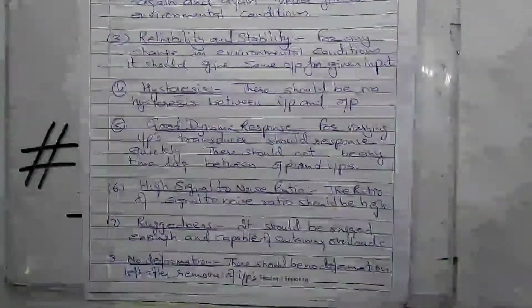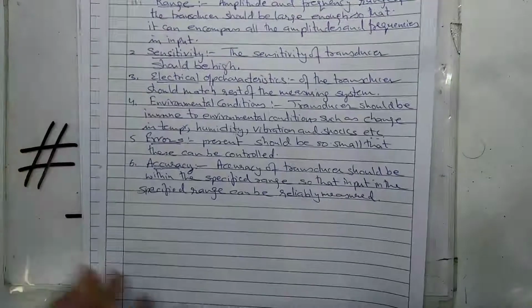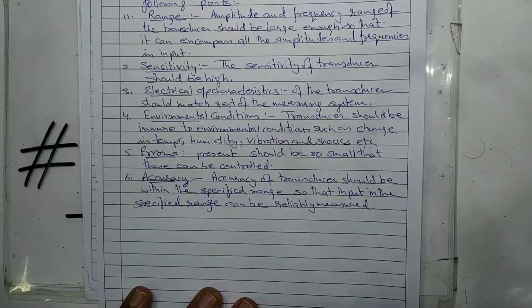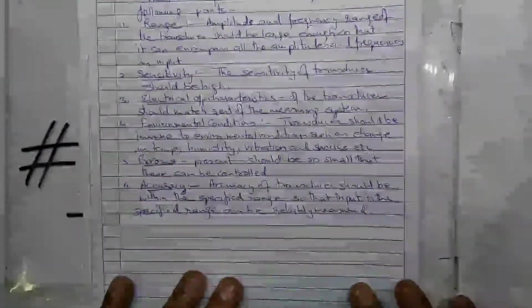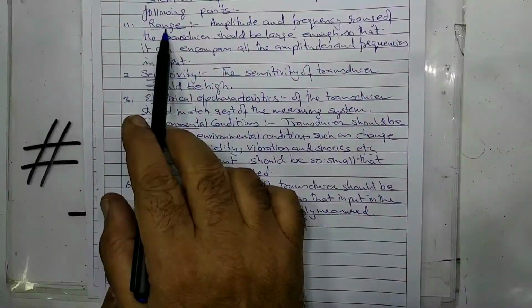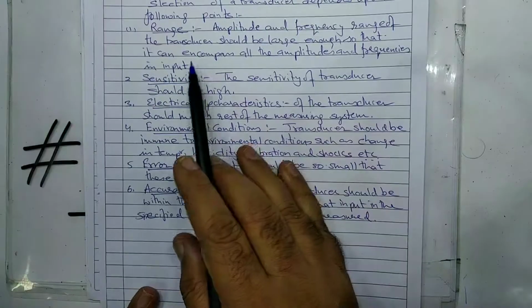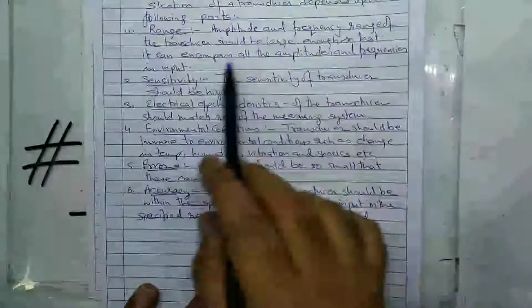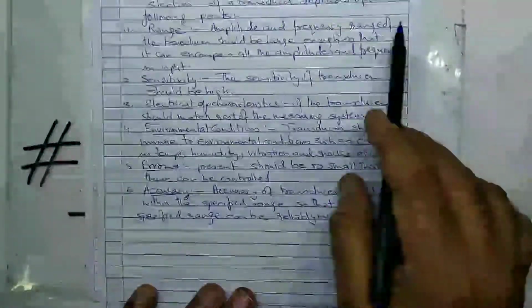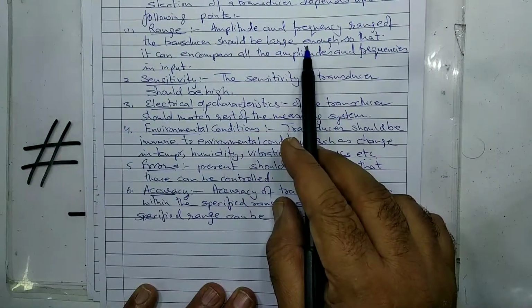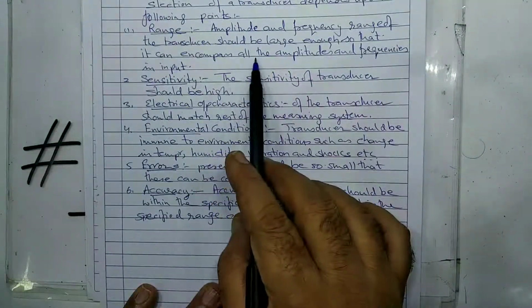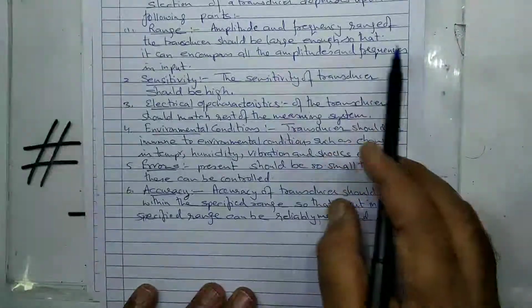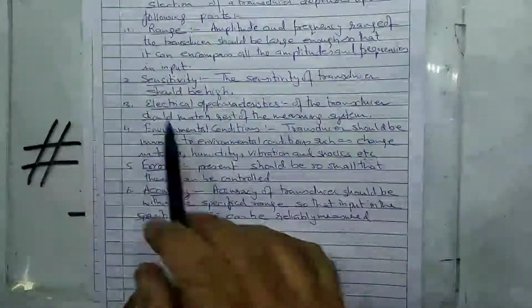Now, next we see the selection of a transducer. Selection of a transducer depends upon the following points. First is range. What range you require the transducer? Amplitude and frequency range of the transducer should be large enough so that it can encompass all amplitudes and frequencies in the input.